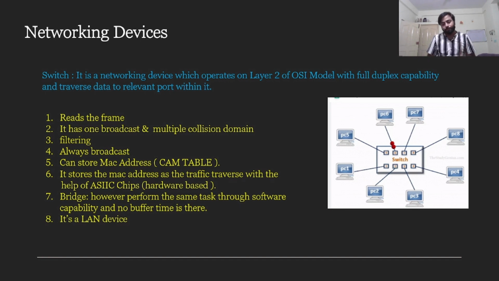Whenever the data propagates from one port, it learns the MAC address, so that next time if any data is coming to that MAC address, it can forward it without any broadcast. Initially it does broadcast, and then when it has learned, it understands, yes, this is the relevant MAC address where I need to send this frame. It has one broadcast domain and multiple collision domains.